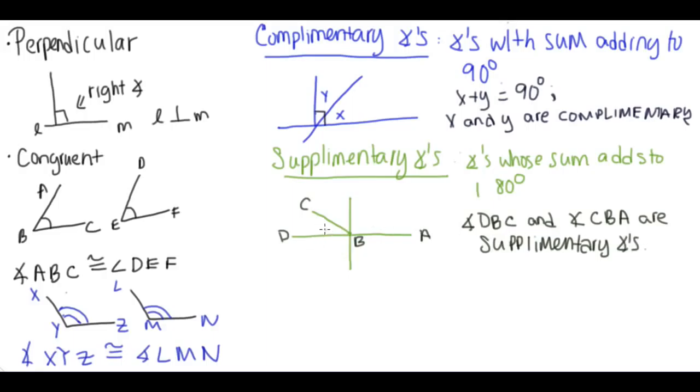Because this angle here, let's call this Z, and this angle, let's call W, Z plus W will equal 180 degrees.